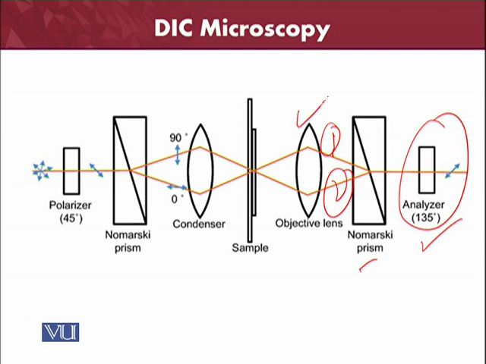Then there is a condenser, which condenses those beams into one, and the specimen becomes clear. The two different lights go to the condenser with the Nomarski prism, and this is the polarizer. So from here the objects being analyzed will be clear, and the contrast microscopy makes it more clear and more contrasted to see our objects or specimens.